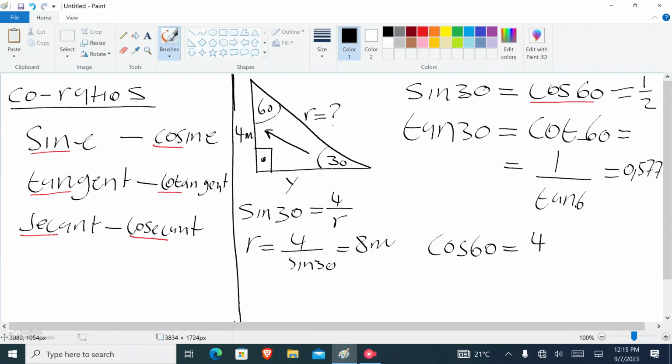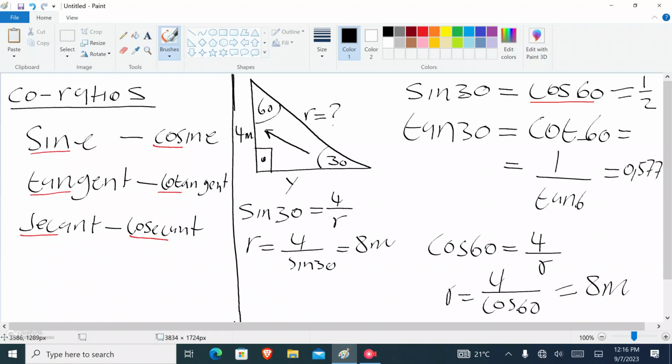What is adjacent to 60 is going to be 4. And then what is hypotenuse? Our hypotenuse is r. So if you do your cross multiplication, we know that's going to be 4 divided by cos 60, and your answer is going to be 8 meters.